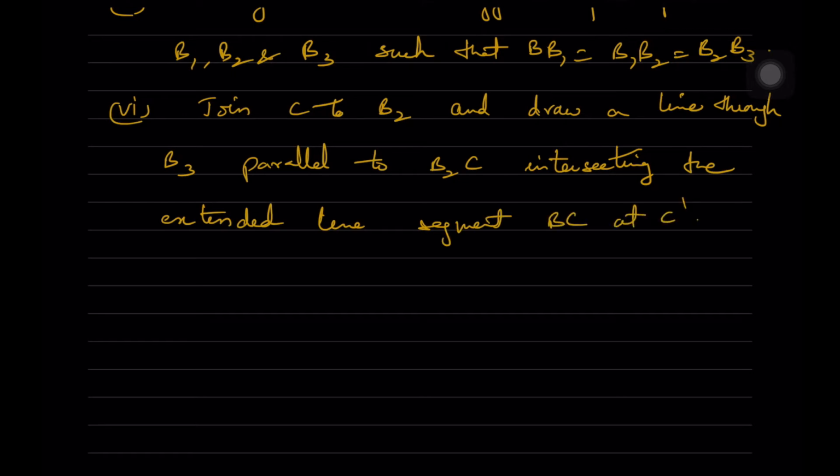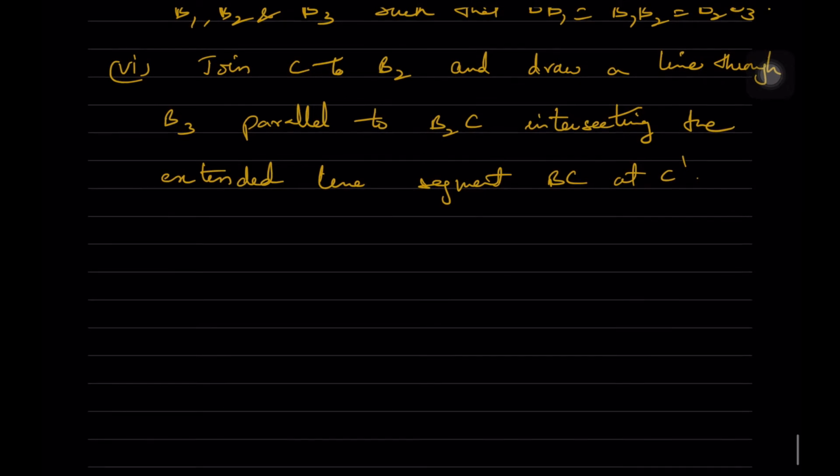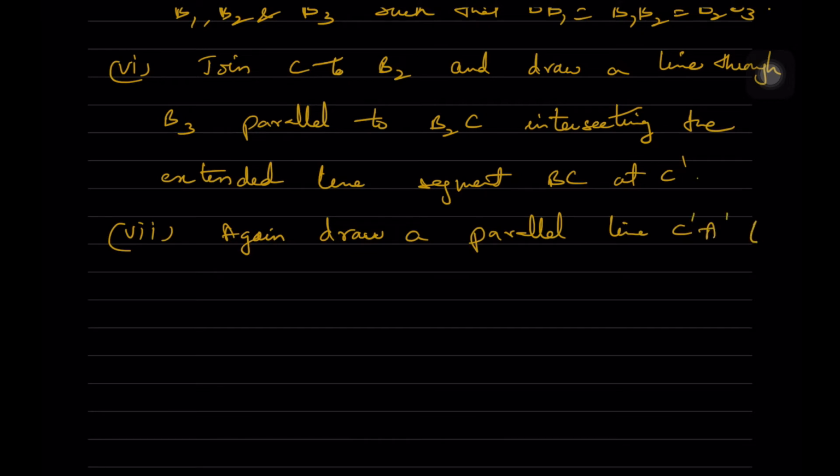Because it's being extended, we'll see from the construction part. I'm first writing it down and then I'm going to do it. Now the seventh step is draw a line C dash A dash parallel to AC cutting BA at A dash.